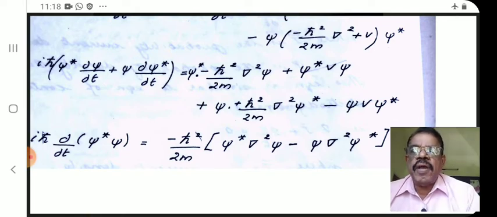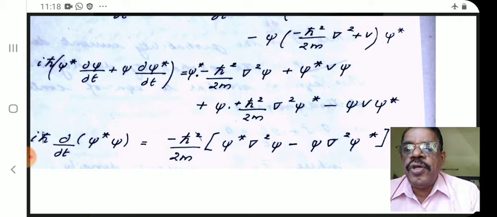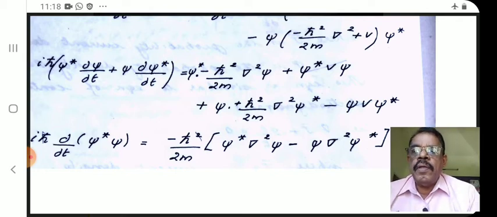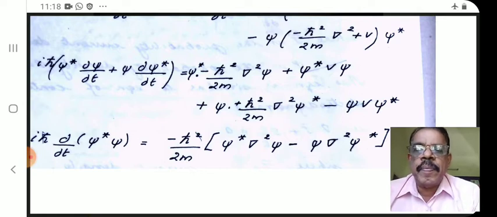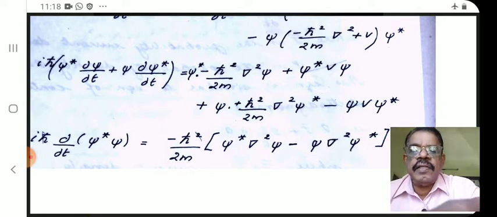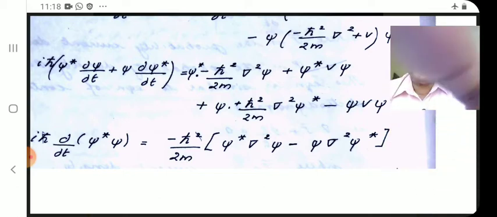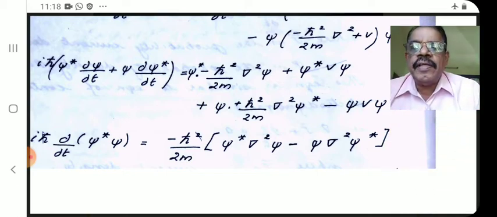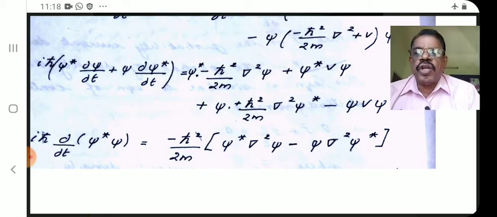And in the RHS, we have seen two terms cancelled. From the remaining terms, you take ħ squared by 2m outside with a minus. So inside we get psi star del square psi, and since minus is taken, there is a minus coming, psi del square psi star. Here these two terms will not cancel because in between the terms, del square is coming. Del square will change the state of psi, so they will not cancel.